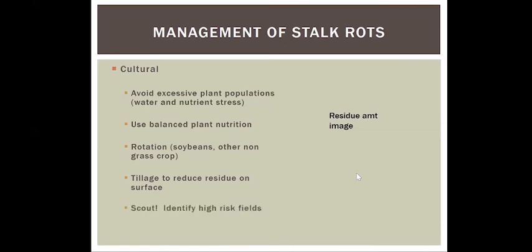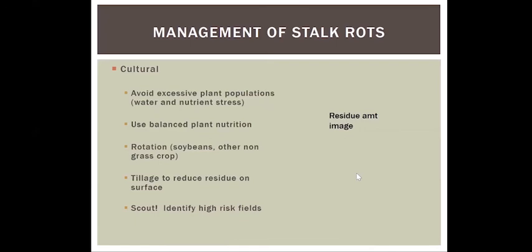And your hybrid selection is going to be really important for some diseases. But if you are concerned about stalk rots, one of the things you want to keep in mind is the stay green score. I tend to tell people, hey, you want to be selecting the hybrid that meets your needs, but you want one that has a good stay green score, because there are other physiological and anatomical features of those hybrids that inherently allow them to maintain the integrity of those stalks for a longer period of time.